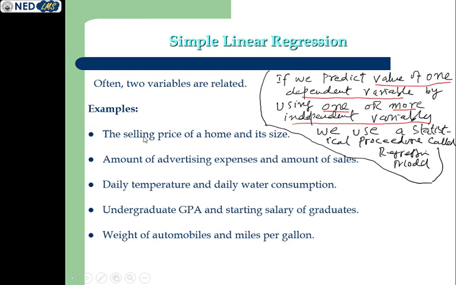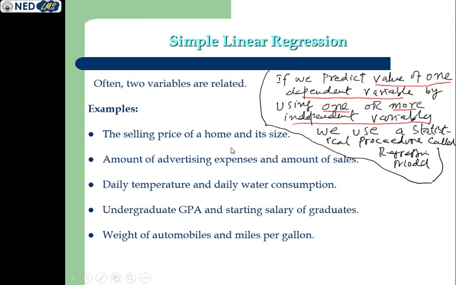So in this way, see this, the selling price of a home and its size. Size is the independent variable and selling price is the dependent variable. One more thing I repeat once again, students: the dependent variable is always one. The dependent variable is always one, but the independent variable may be one or more than one.